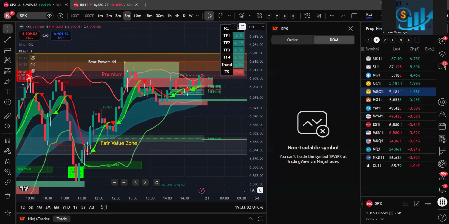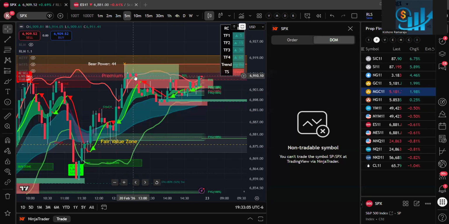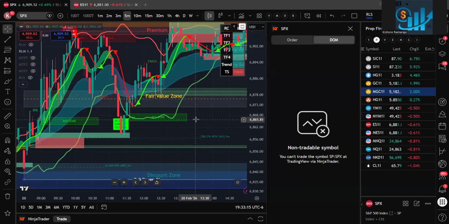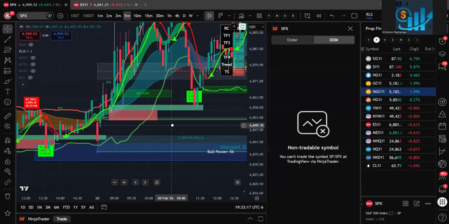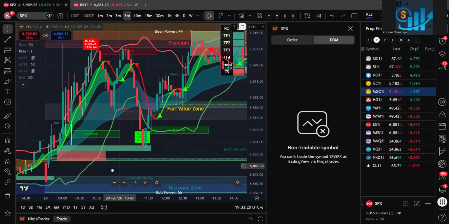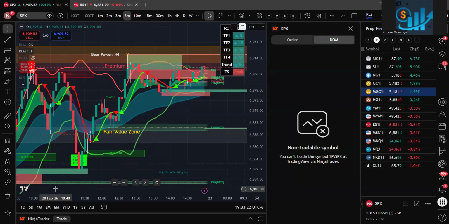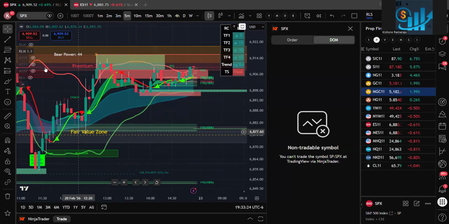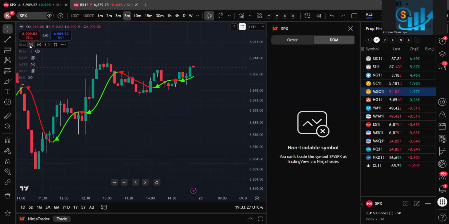So if you are more of a day trader, you want to trade based on the trend, you don't want to do quick scalps, then this one is a better one. So RLM for scalping, RLM 1.1 for day trading, FLM for scalping, FLM 1.1 for day trading, SLM for scalping, SLM 1.1 for day trading.